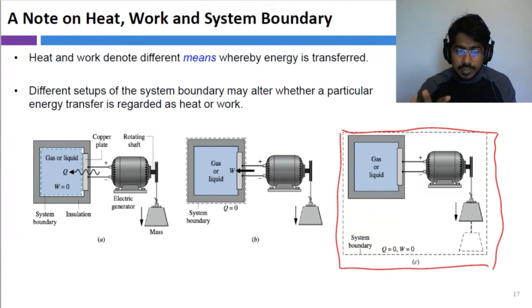So if we select the system boundary as shown in C, then heat and work transfer is going to be zero. This is an imaginary system boundary. Can we say this is an isolated system now with our imaginary boundary? Is it fair to say that?